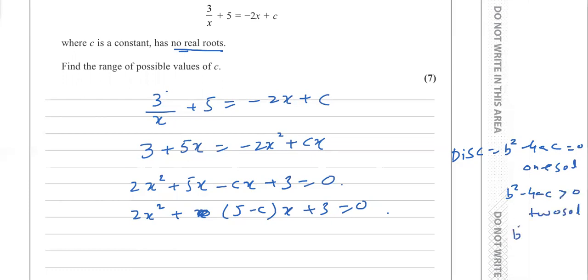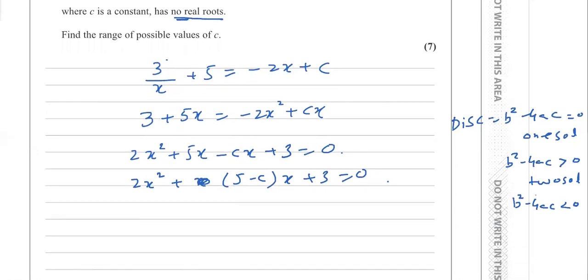And if it is less than 0, there will be no solution. So in this question it is given that there is no real root, so there is no real solution for this equation, which means its discriminant will be less than 0. So let's use this condition.